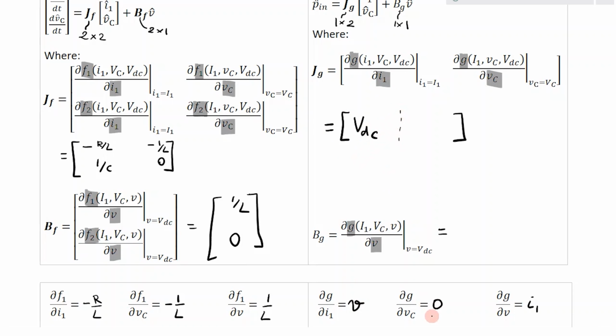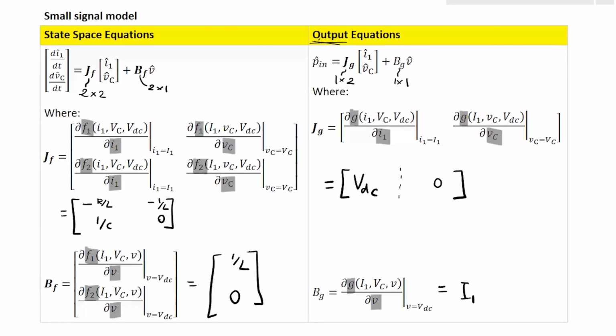And then here we have just 0. And then here we have I1, but again, we need to evaluate it at DC operating point. So it's this one. Because it's a matrix that's a constant. So the only non-constant thing in this set of equations is the hatted quantities. These matrices need to be constant.